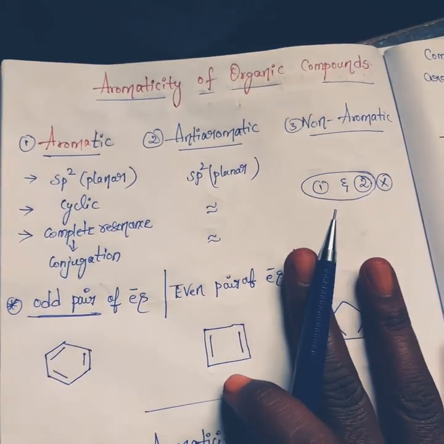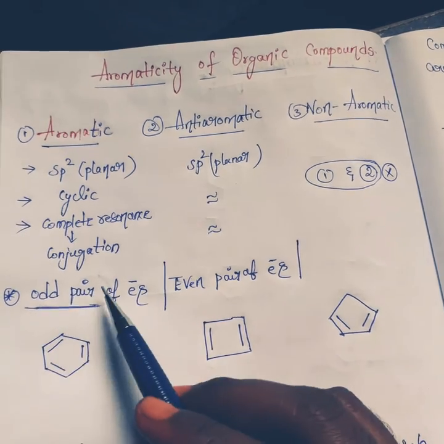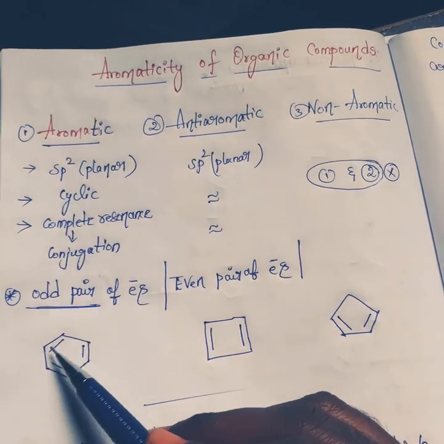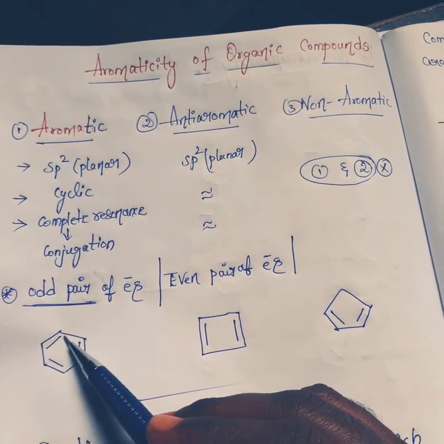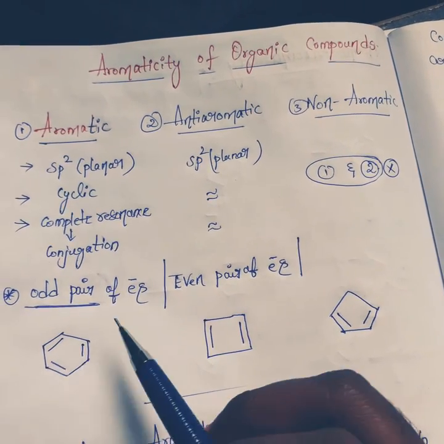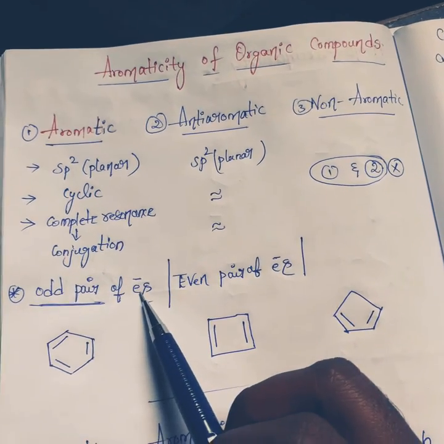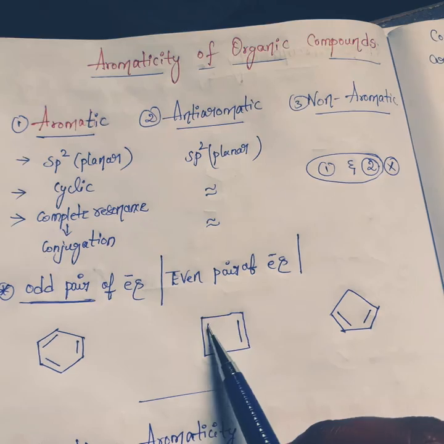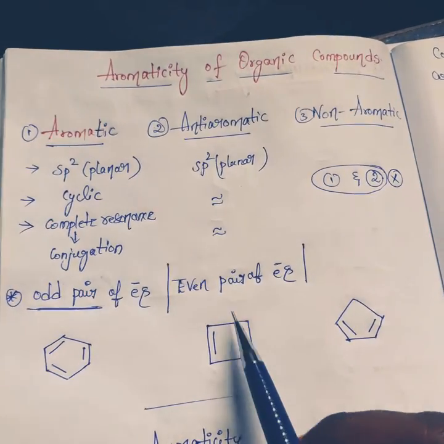The only difference is that we have to observe the pairs of electrons. We know that in one bond, a pair of electrons is present: in one bond two electrons, which is nothing but a pair. So we just have to count the number of bonds. If an odd pair of electrons is present, then it should be considered aromatic. Here an even pair of electrons is present, so it should be considered anti-aromatic.